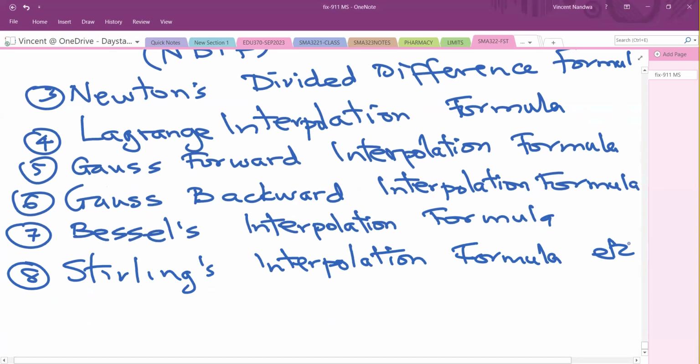So those are some of the different interpolation formulas you will use to carry out interpolation of equally spaced mesh points. There's just another one here called Everett's interpolation formula.